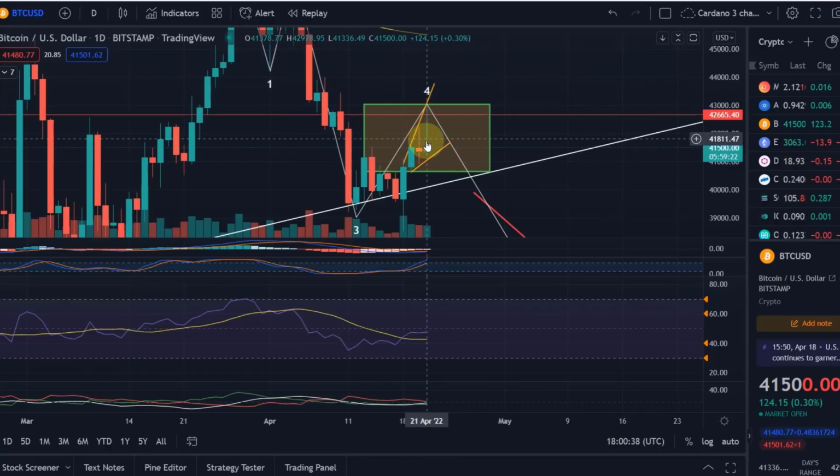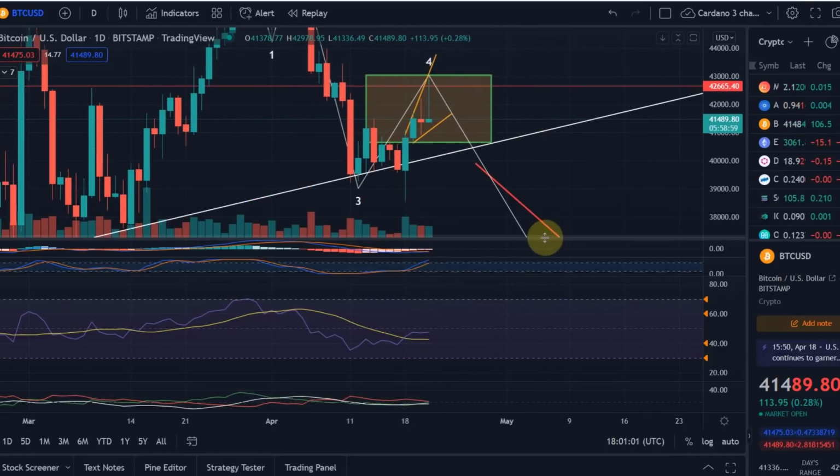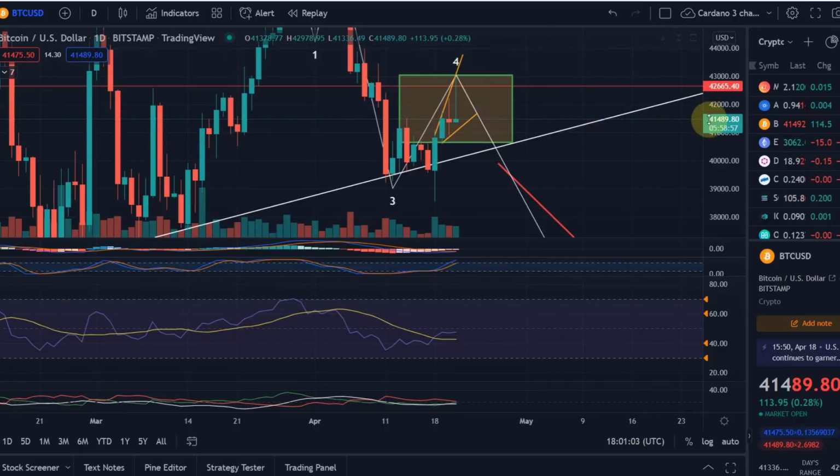Already now you can call it like that, but it would be even more bearish if it turns red, because this indicates that throughout the day the price moved all the way up to 43K and found a very strong rejection. The buyers didn't want to buy anymore at that level, and the sellers pushed it down. And if we then have a close price below the previous candle, that would be quite bearish and would indicate a reversal.